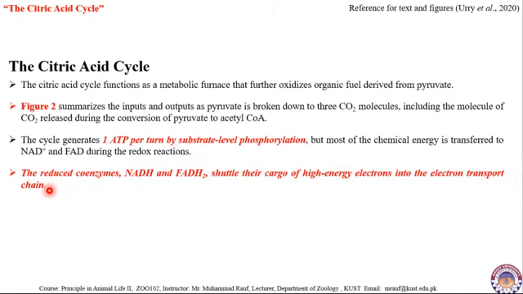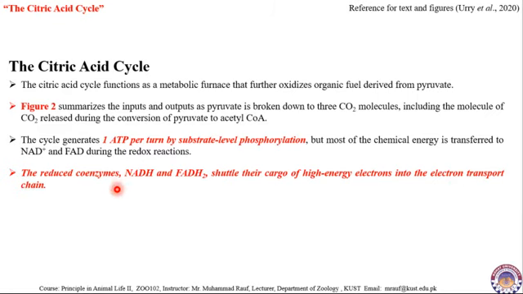Now, in the Krebs cycle, another electron carrier is also produced, which is called FADH2. The reduced coenzymes NADH and FADH2 shuttle their cargo of high energy electrons into the electron transport chain.